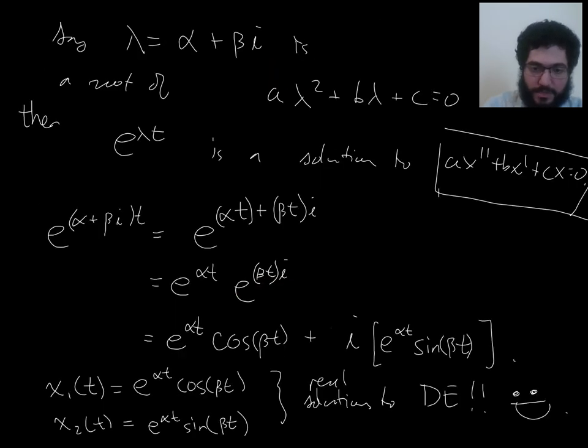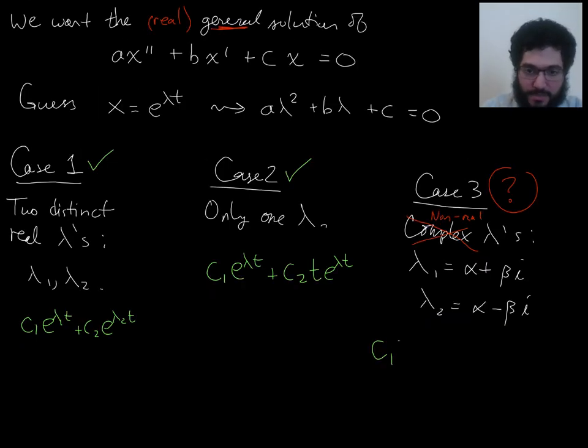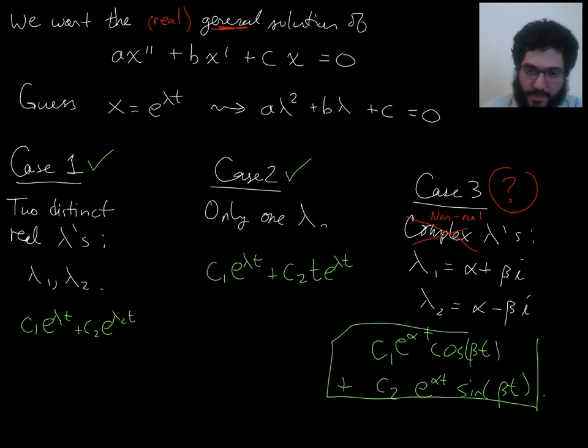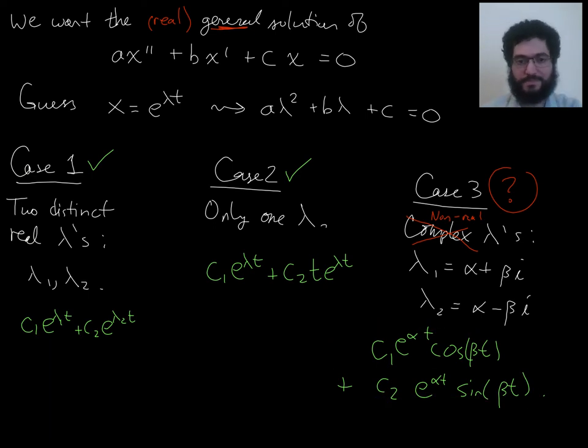I'm going to pull these functions right out of here, where we said if e to the alpha plus beta i t is a solution, a complex solution, then its real and imaginary parts, these two, are real solutions. So this one and this one are two linearly independent real solutions: e to the alpha t cosine beta t, e to the alpha t sine beta t. And there we go. There's a nice real general solution.